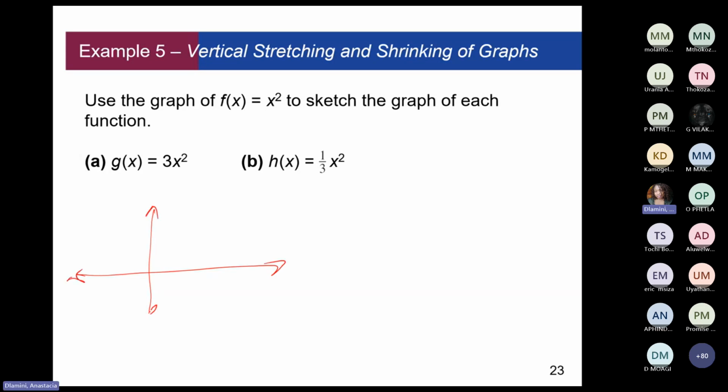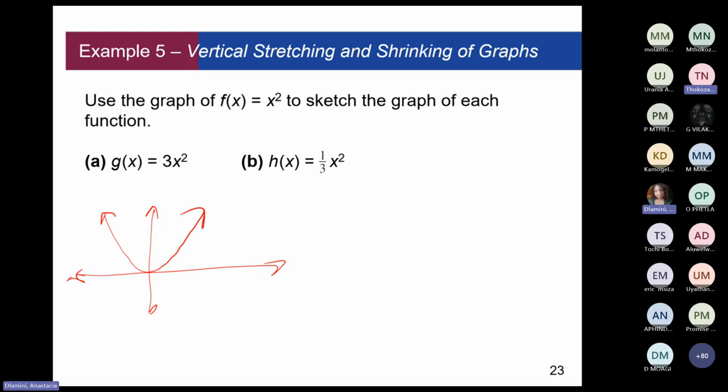Here's our mother parabola. Where do you think the graph of 3x squared will be? If we stretch it, what happens to it? It's going to move towards the left and right on the axis, if I'm not mistaken, ma'am.